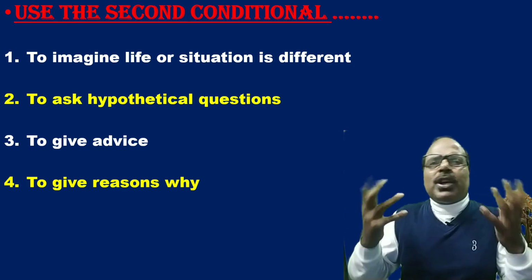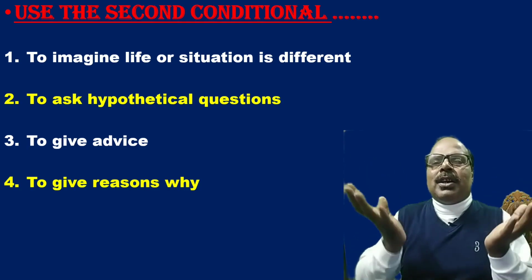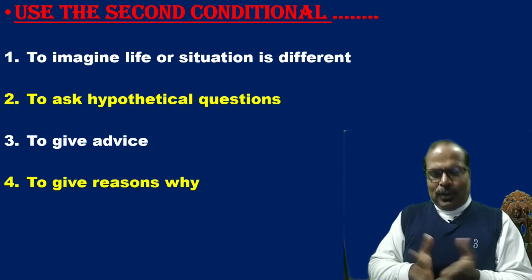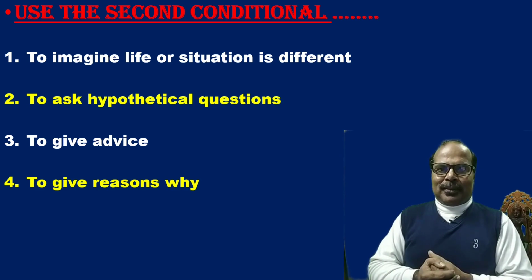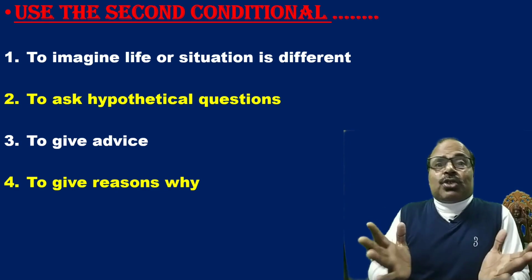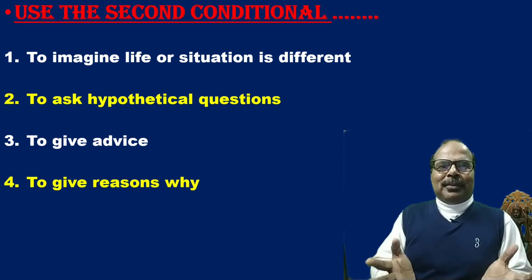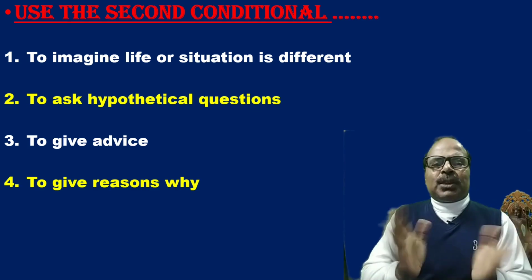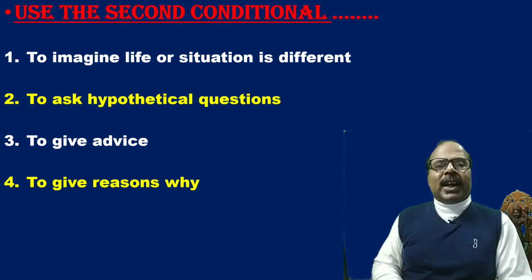To ask hypothetical questions, that means the imaginary questions, the imaginary situations, not the real ones. We can use second conditional to give advice, and we can use second conditional to give reasons why we cannot, why we don't, কেন করতে পারবো না, কেন আমি এটা দিতে পারবো না, তার explanation. So for all these reasons we can use second conditional.